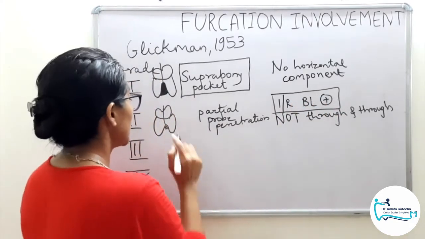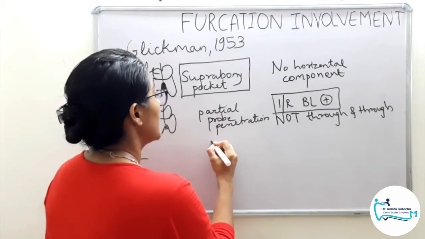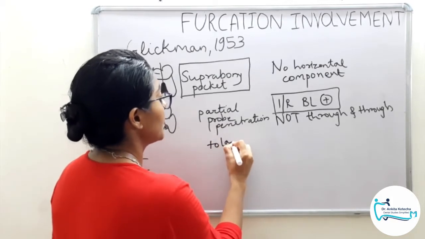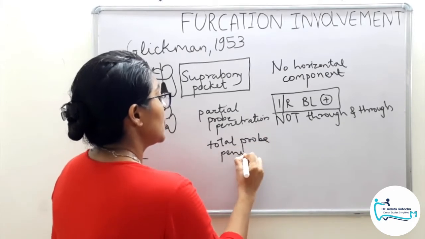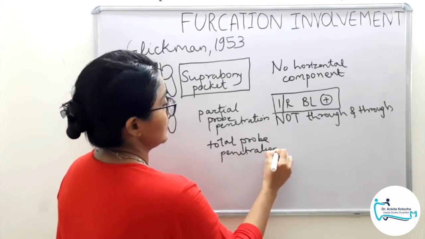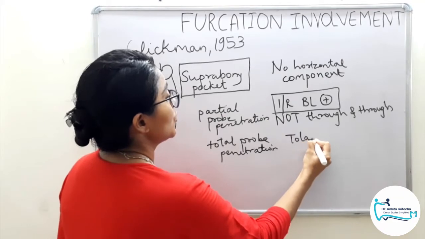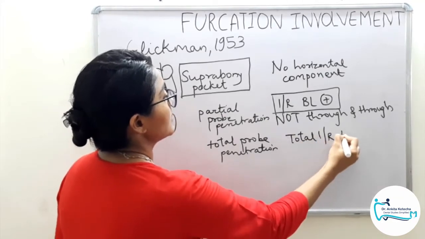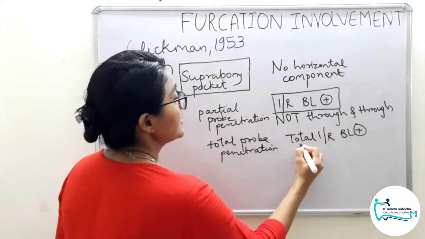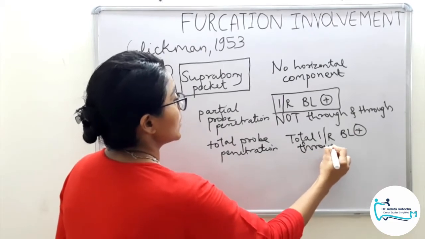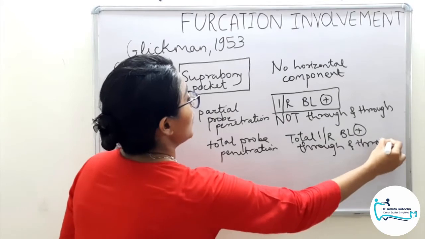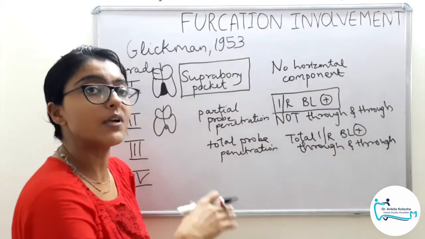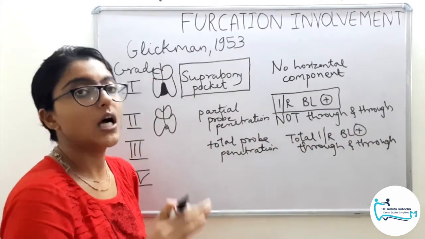Clear? Now talking about grade 3, it is now total penetration of the probe because the interradicular bone loss is complete. So, total interradicular bone loss, that is through and through. So now in case of grade 3, if we pass the Nabers probe from either of the furcations, it will definitely come out from the other furcation.